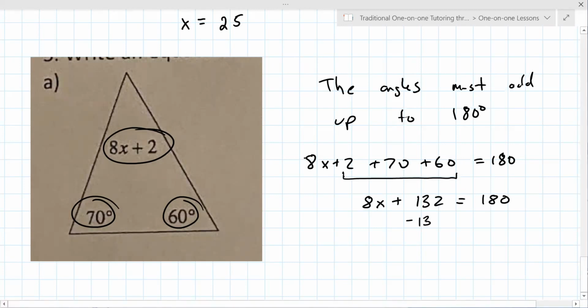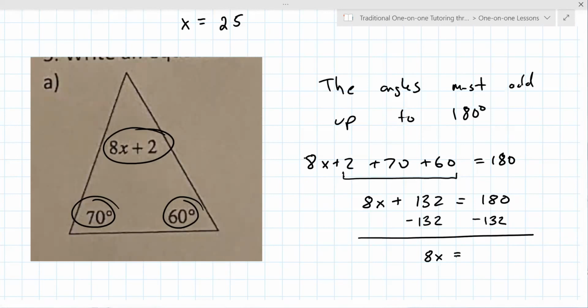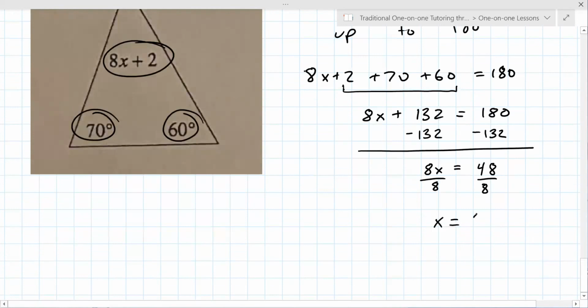I would subtract 132 from both sides. When you solve, you undo addition and subtraction first. Yeah, x equals 6. Now you've got to be careful.